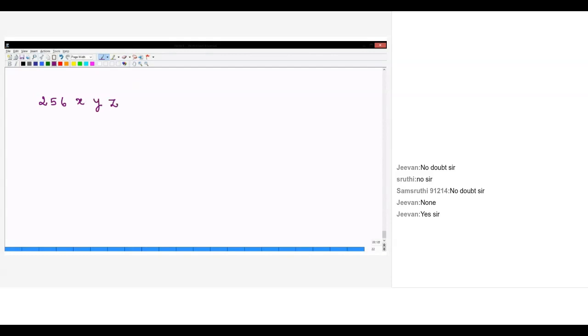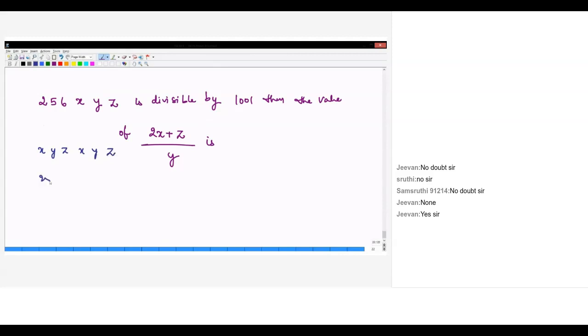What kind of question can you expect? A six-digit number 256XYZ is divisible by 1001. Then the value of (2x plus z) by y is? We know if it is divisible by 1001, it should be in the form of XYZ, XYZ.